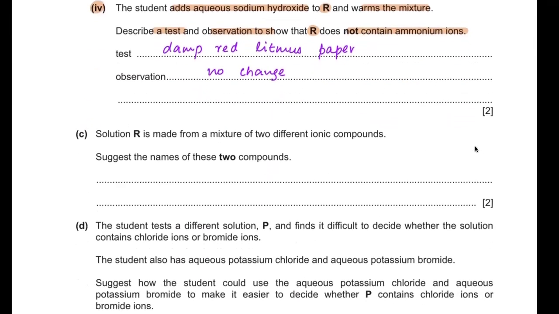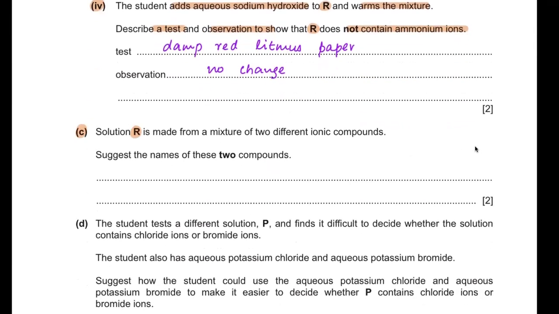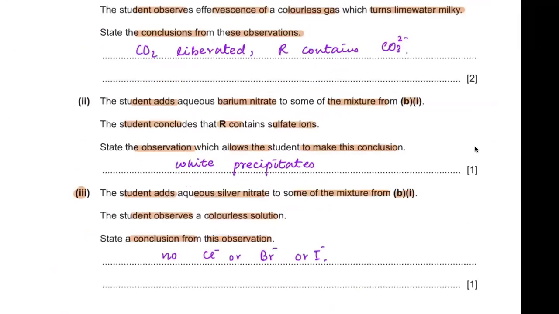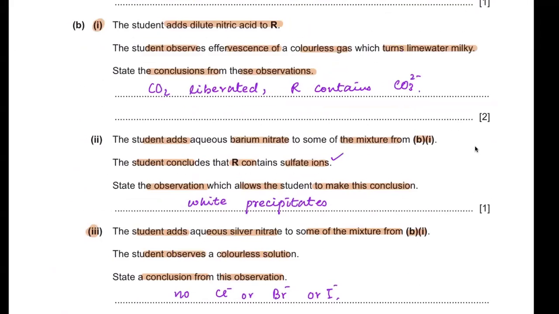Yes, sir. Okay. Now C part. Solution R is made from a mixture of two different ionic compounds. Give the names of these two ionic compounds. So if you recall, we have identified that there is a sodium ion, a carbonate ion, and a sulfate ion, isn't it? No bromide, chloride, or iodide is there. White precipitates are due to the sulfate ions.